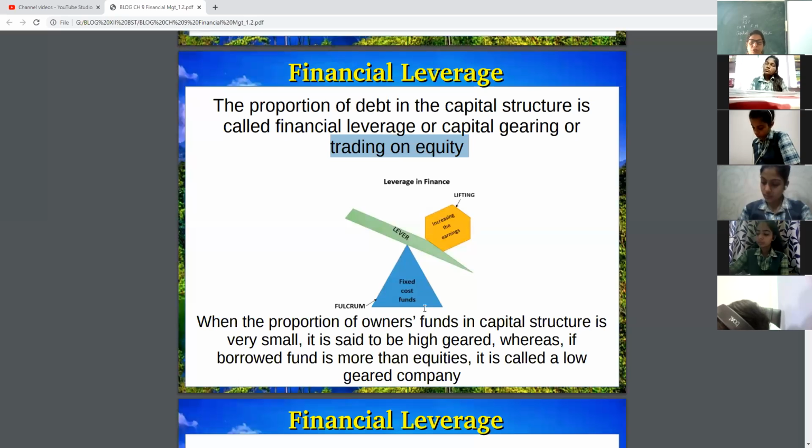But you should learn it this way: the proportion of debt in the capital structure, in simple language debt upon capital structure, is known as financial leverage. It is also known as capital gearing. It is also known as trading on equity. And see, my dear children, if owner's fund is small, it is high gear, and when borrowed fund is more than equity, it is called low gear.